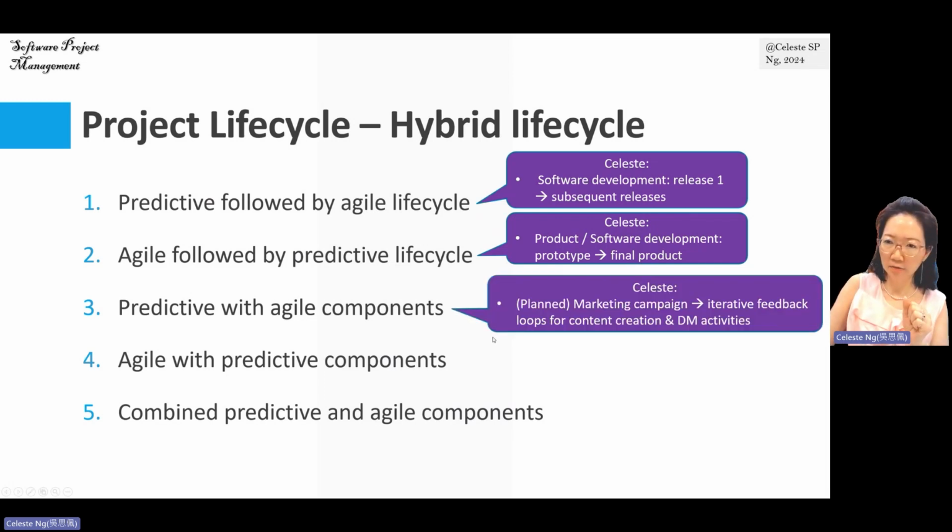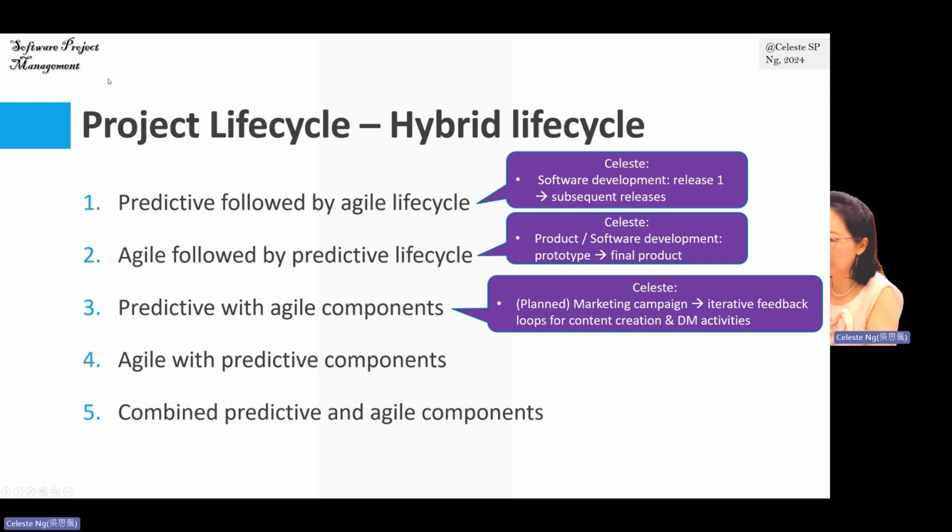And that's where we go from prototype to producing a well-defined final product. And then the third type of hybrid project lifecycle is predictive with some agile components. For example, assume we have a well-planned marketing campaign. All right, and then under our well-planned marketing campaign, we will get some feedback from our campaign.